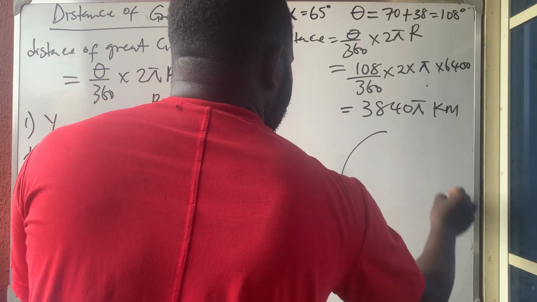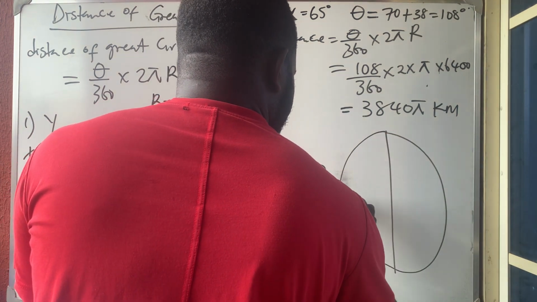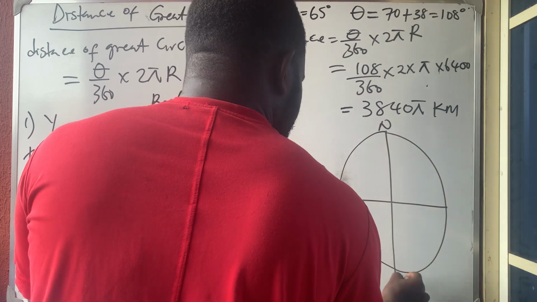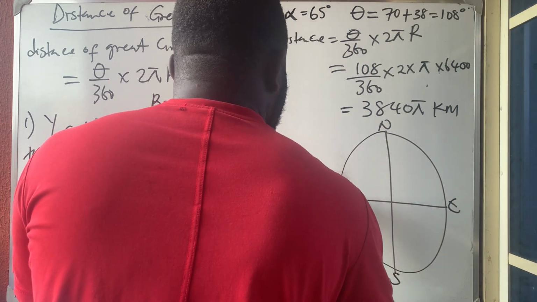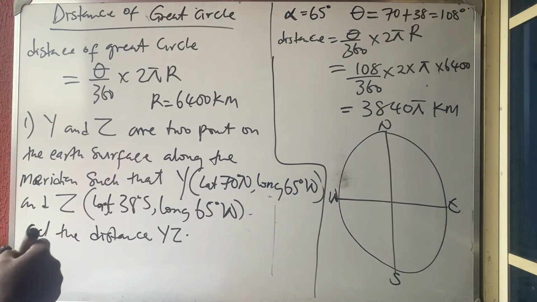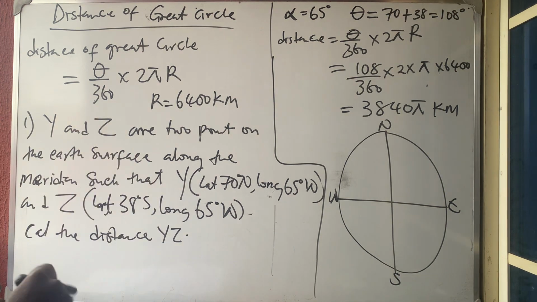So drawing it, my cardinal points: north, south, east, and west. You need to draw it so that you will know whether you are using the formula for a great circle or a small circle.